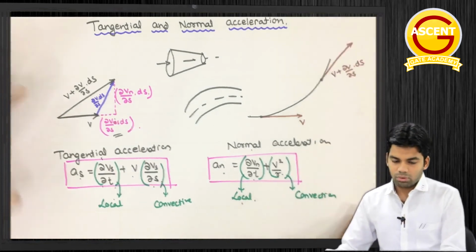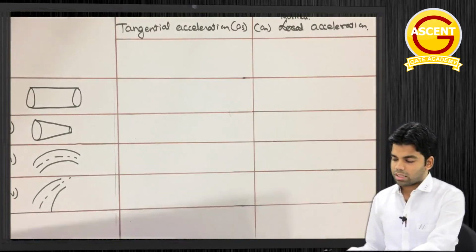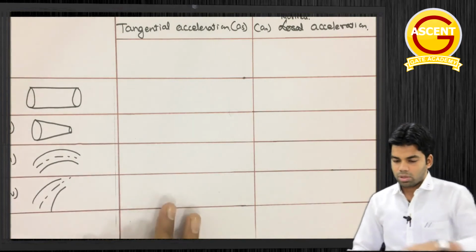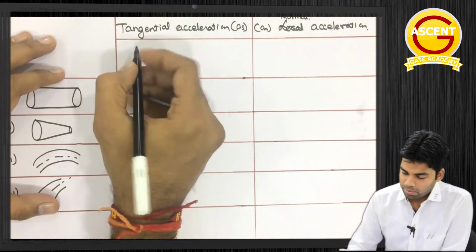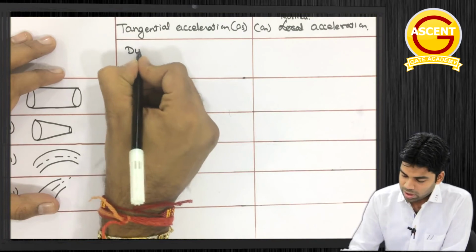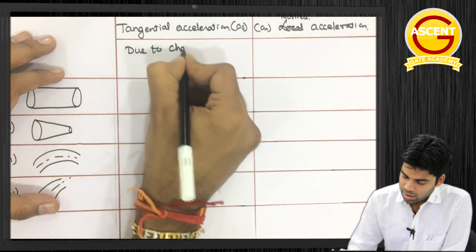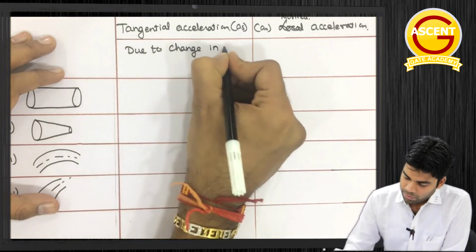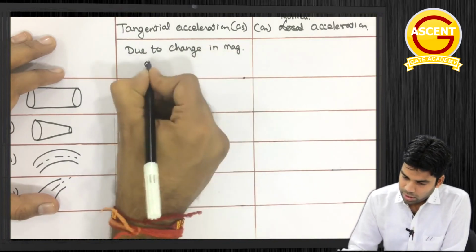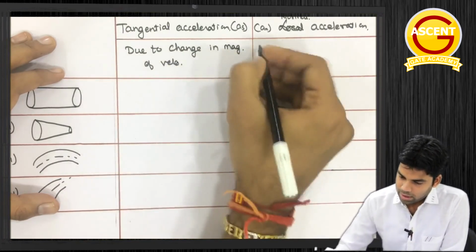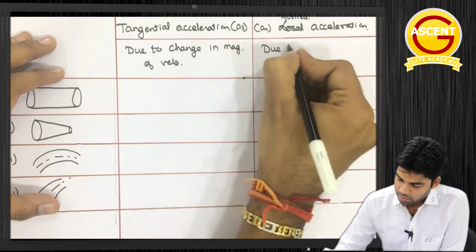Okay, so I will tell you the difference between the two, the tangential acceleration and normal acceleration. Tangential acceleration is due to change in magnitude of velocity, and normal acceleration is due to change in direction of velocity.